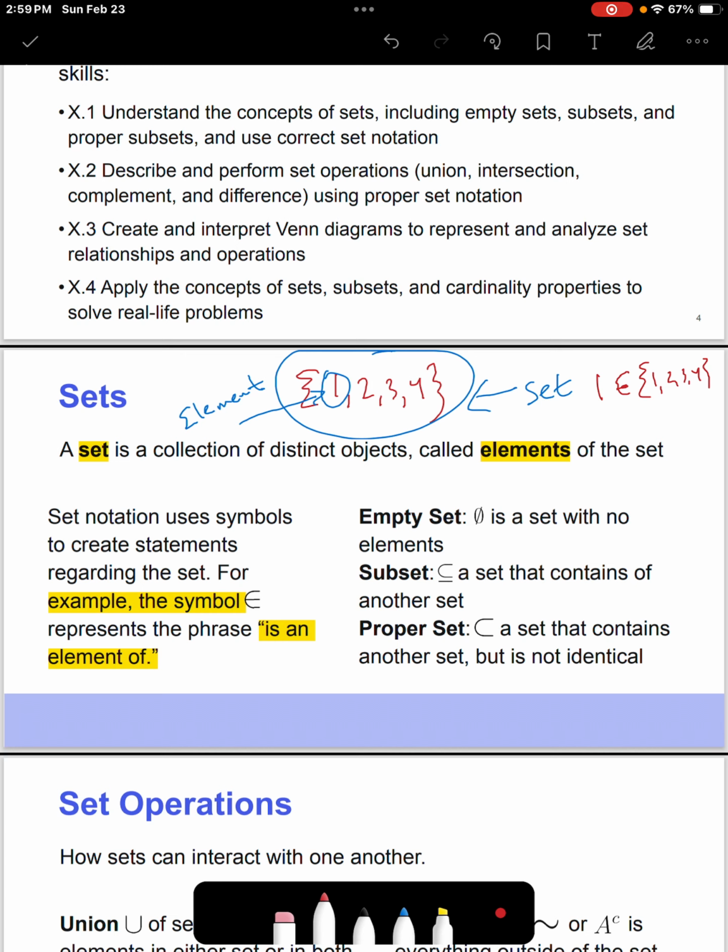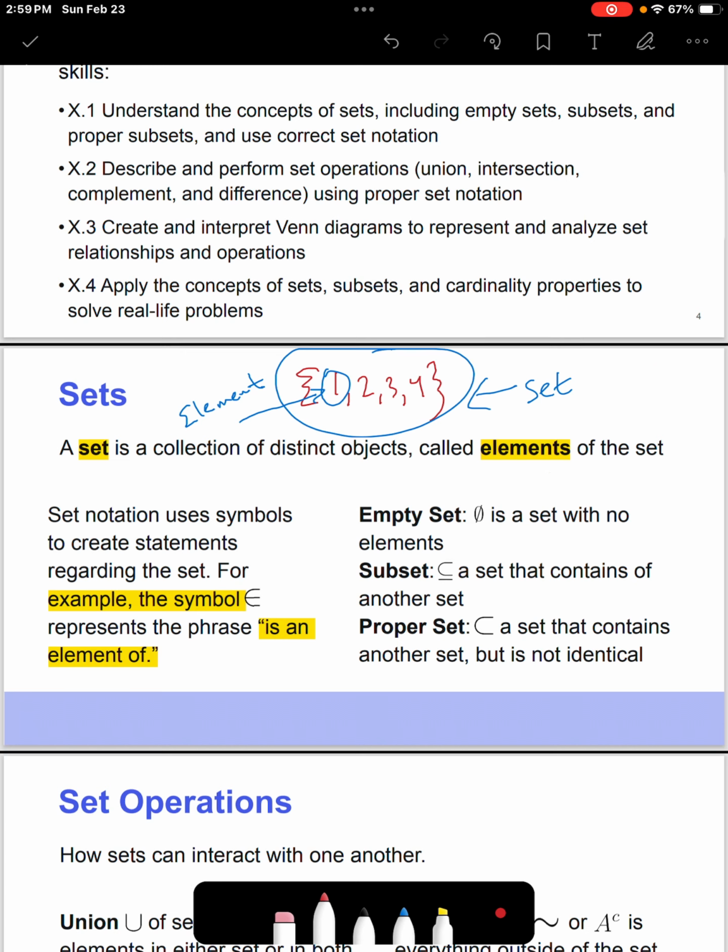There's that symbol. The empty set is a 0 with a line through it, is a set with no elements. A subset is that little c, is a set that contains another set. And a proper subset is a set that contains another set but is not identical.